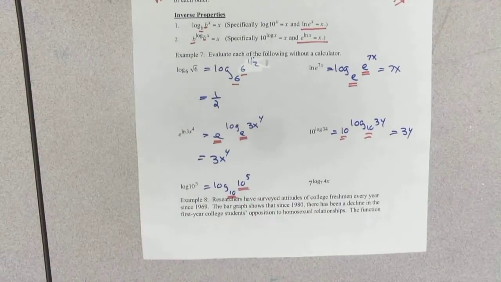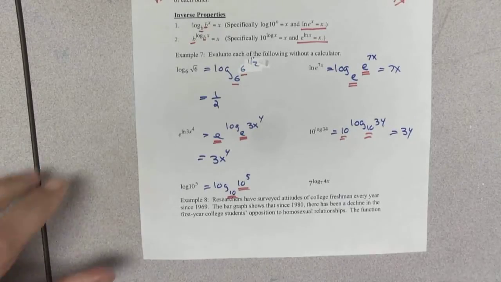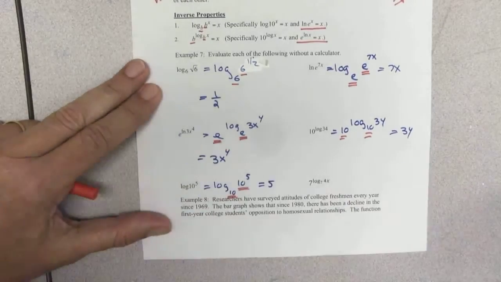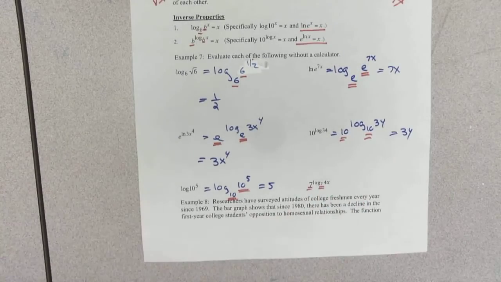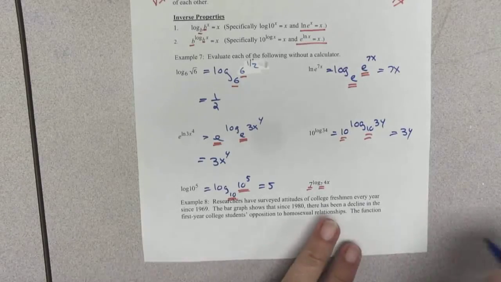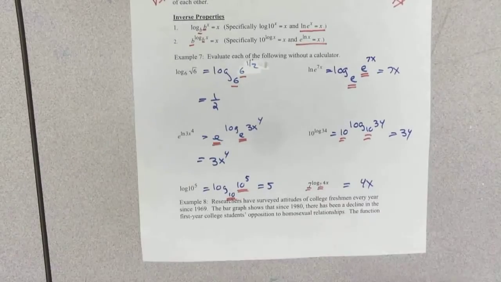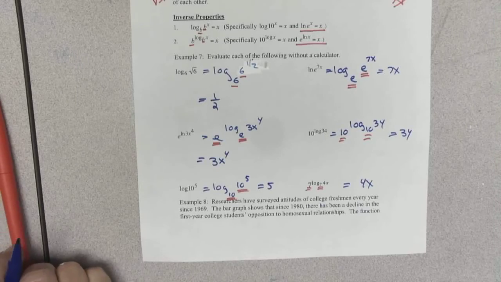Base not written. Base is understood to be 10. So I've got that matching thing going on again. So 5. And the same thing on the last one. Base is 7. Base is 7. Matching bases. They cancel. And so I just get 4x.